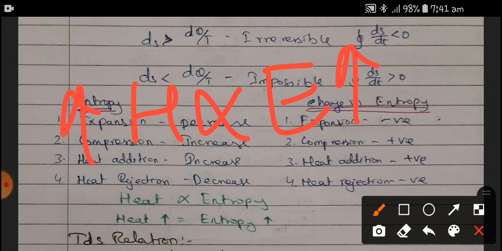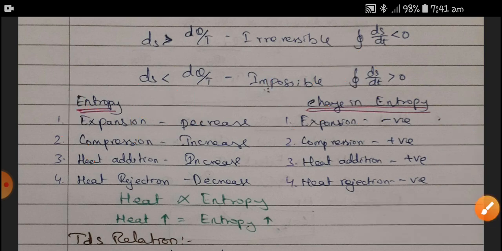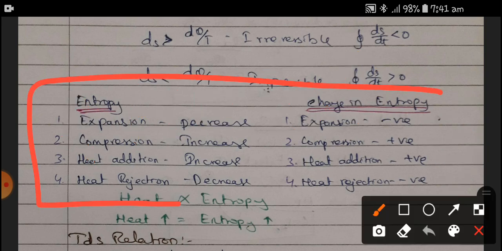The change in entropy in the expansion process is negative, and in the compression process it is positive. Heat addition is positive, heat rejection is negative. So with this condition we can know the relation between heat and entropy. Whenever the heat is increased, the entropy is increased.